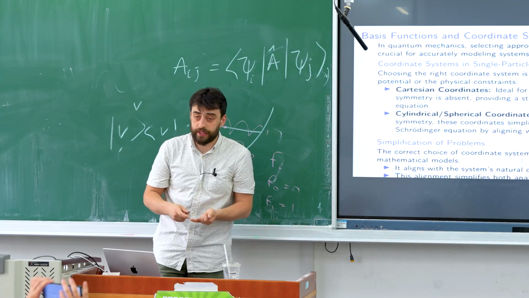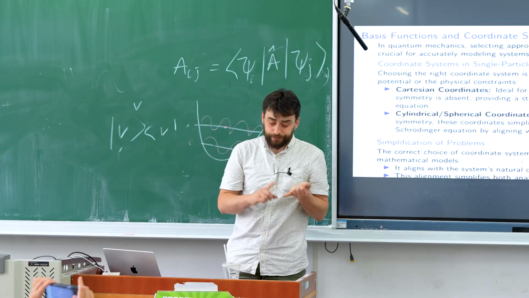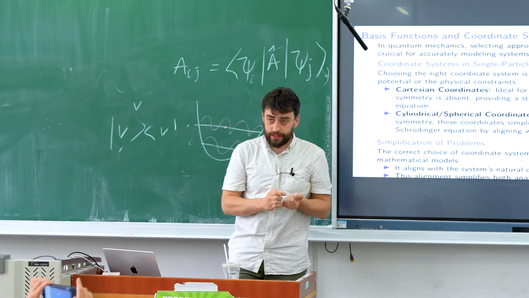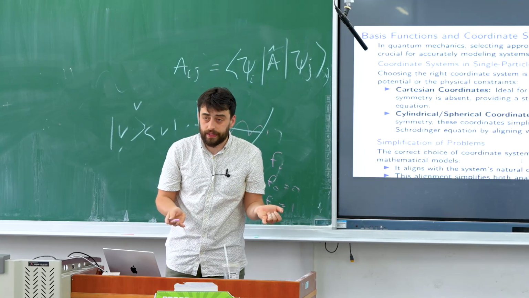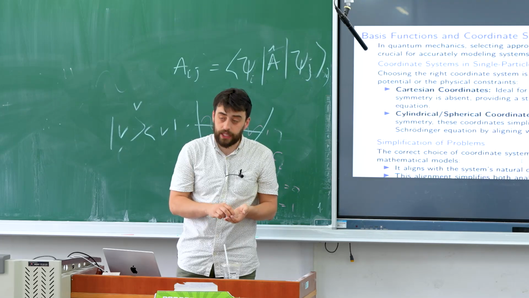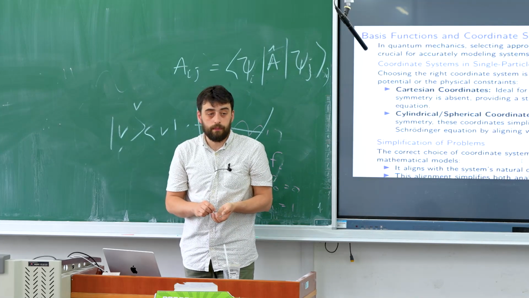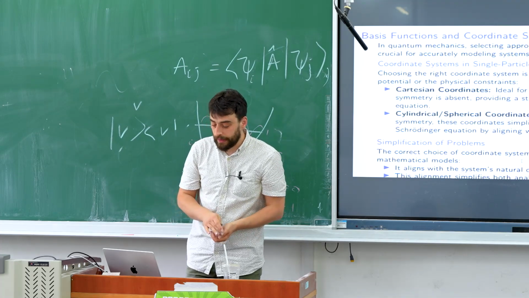For instance, in the hydrogenic potential, it makes a lot of sense to choose the spherical coordinate system. Trying to solve it in Cartesian coordinates is just masochism. It's just painful for no reason.